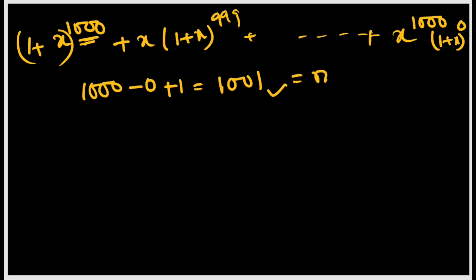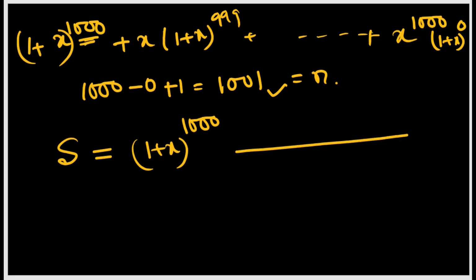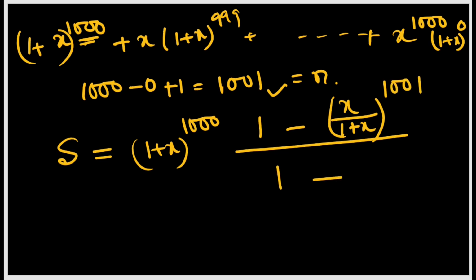This is actually n. So this sum, denoted by S, has first term (1 plus x) to the power 1000. Since r is less than 1, we apply this formula: 1 minus r to the power n, where r is x upon 1 plus x and n is 1001, over 1 minus r.